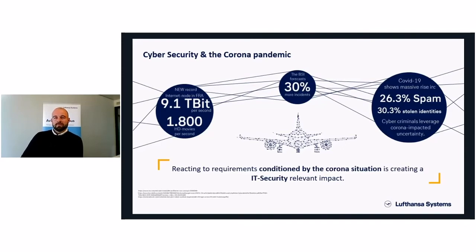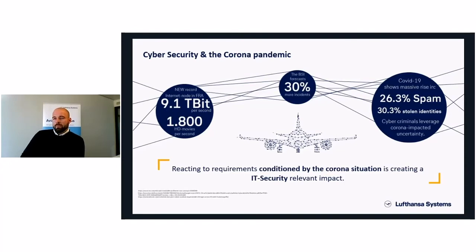This is a clear indication that opening the IT, opening new channels for communication, opening new channels for commerce like e-commerce from one day to another is raising some security challenges, and Corona is going to be on the IT and cybersecurity agenda for the next couple of years.